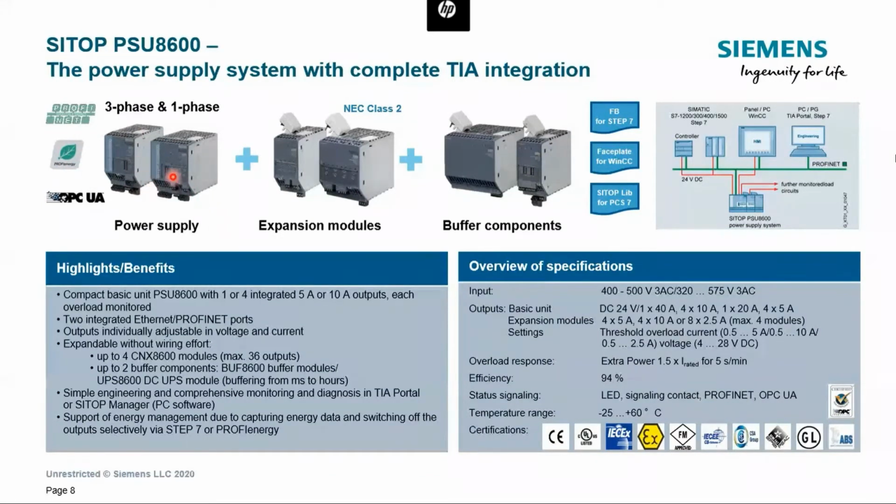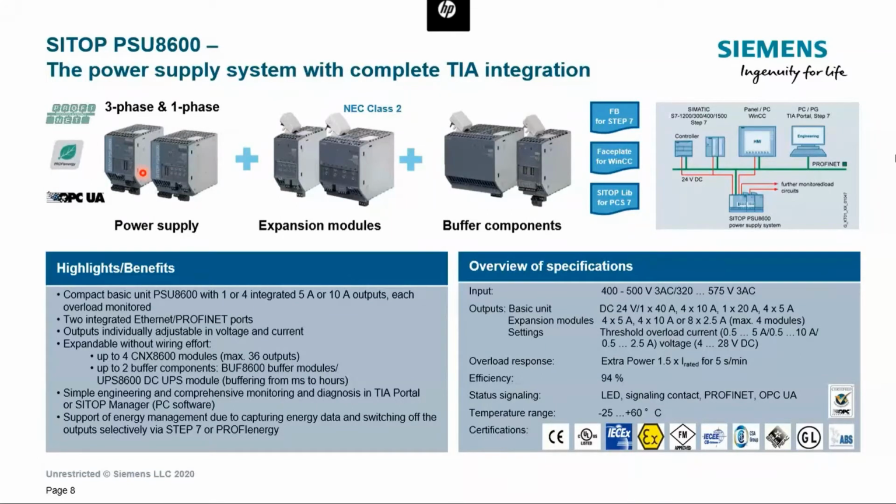And these modules usually have control channels. You convert the AC into 24 volt DC, and then you have your output control. So you can say that this is a combination of different power supplies.